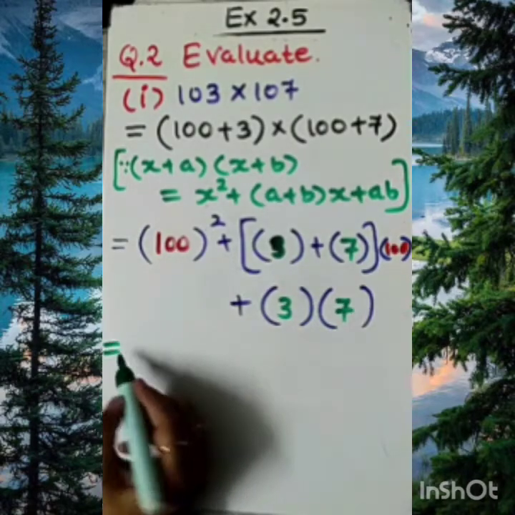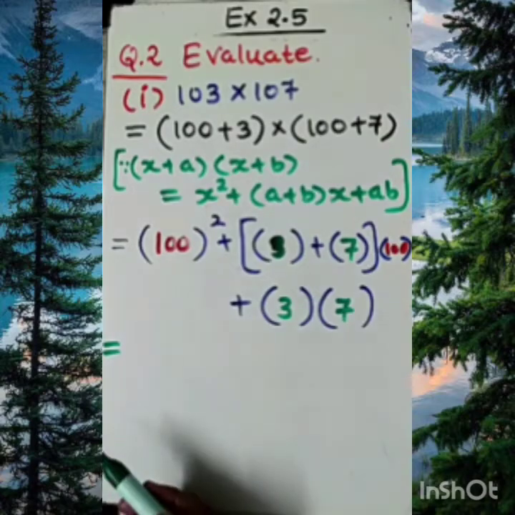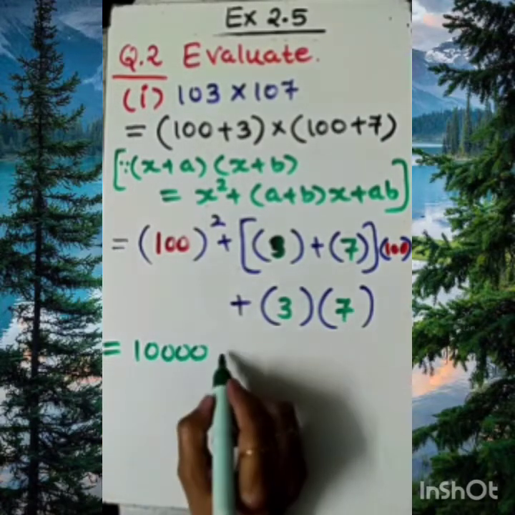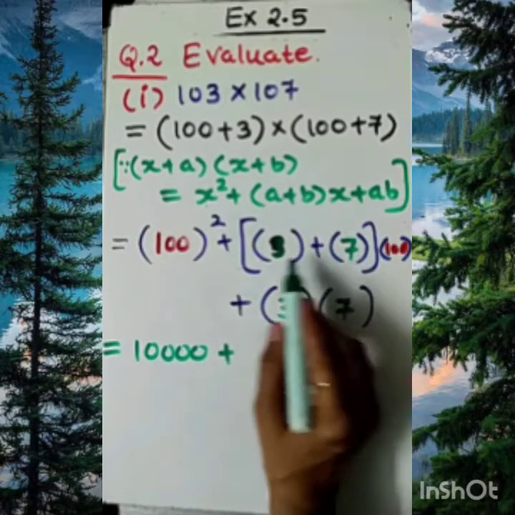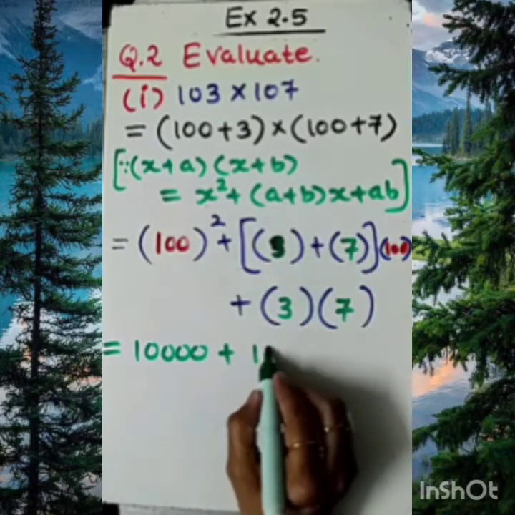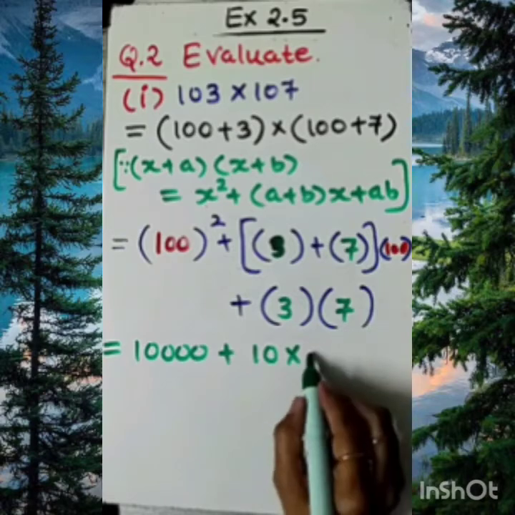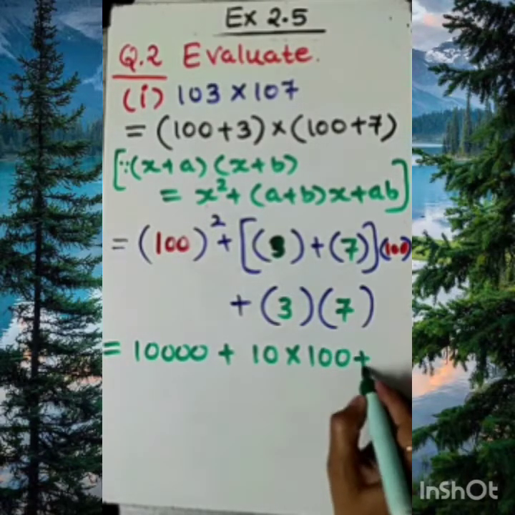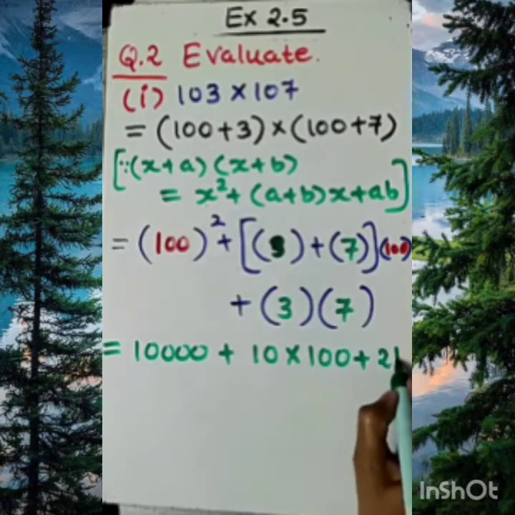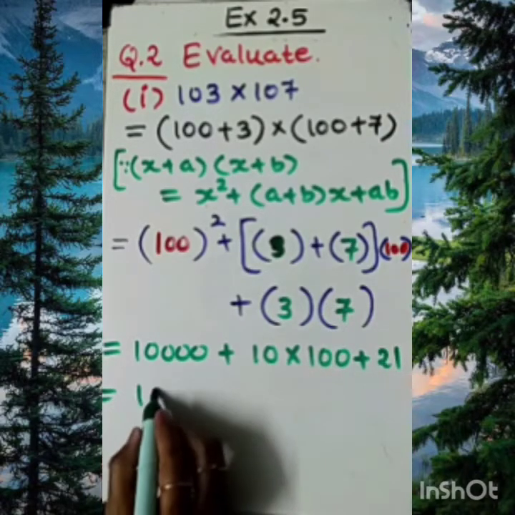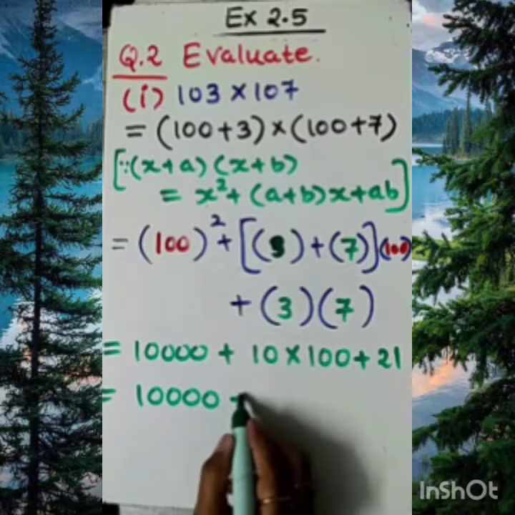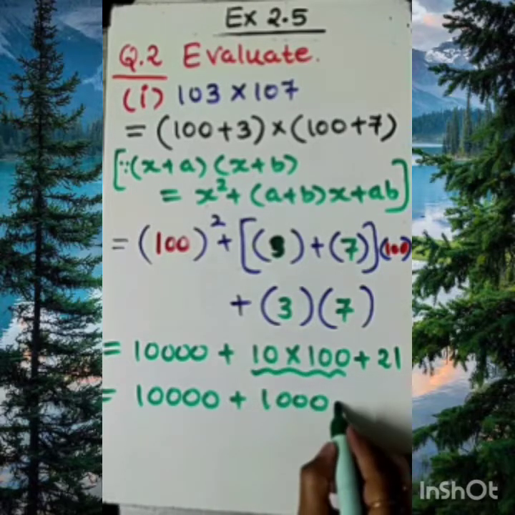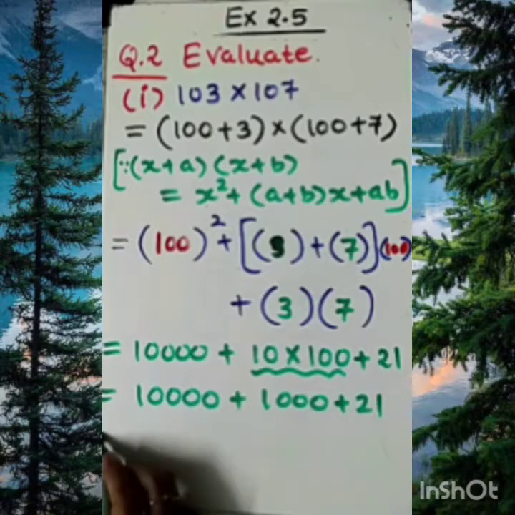So if I simplify, what is 100 square? 100 square will be 10,000. Along with that, plus 3 plus 7 gives the result 10, and already outside the bracket 100 is there, plus 3 times 7 is 21. So let's note down, it will be 10,000. Now 10 into 100 is 1,000 and this is of course 21.